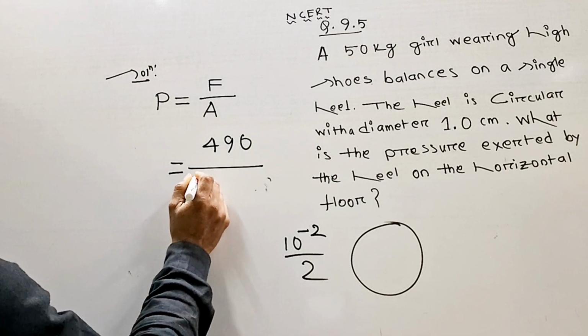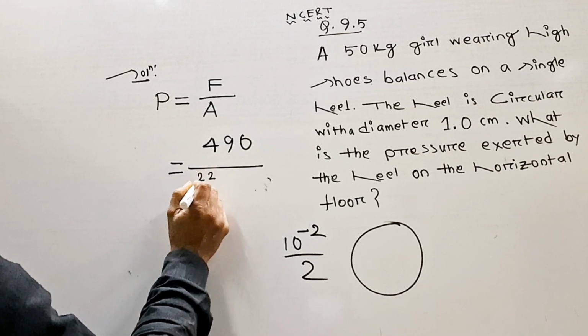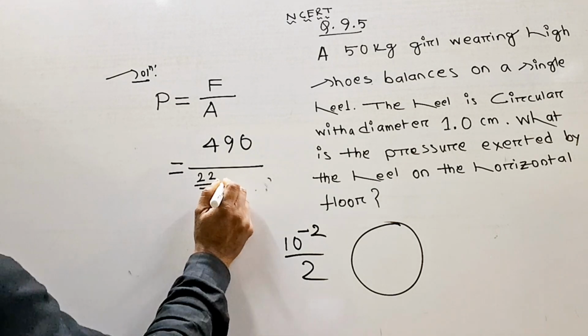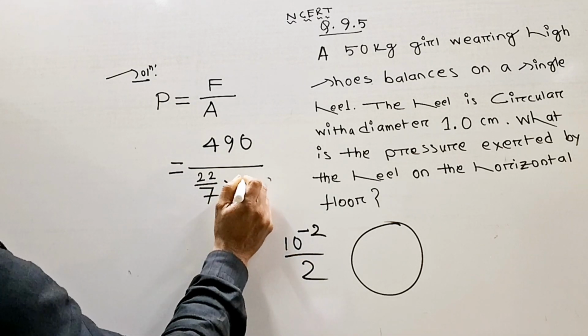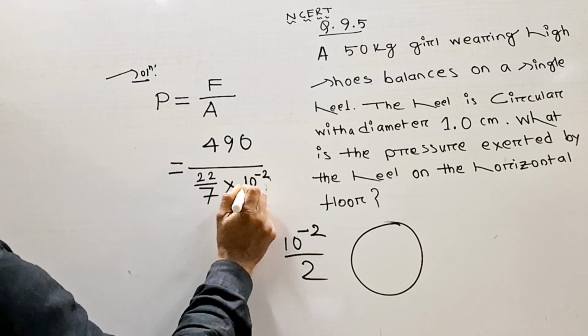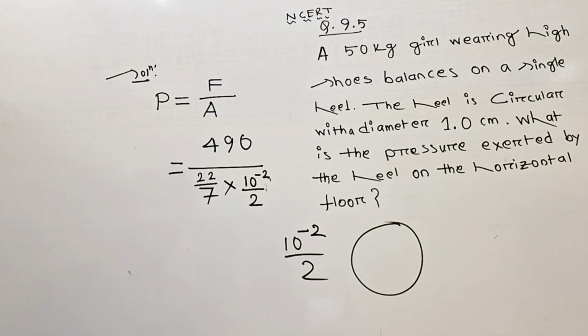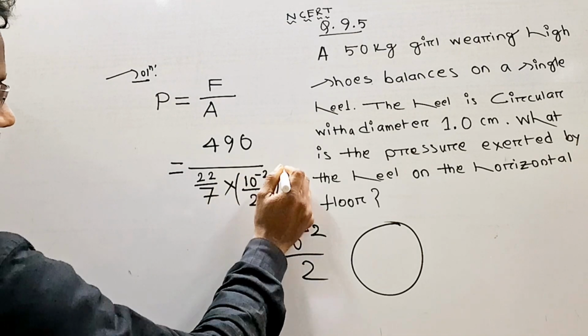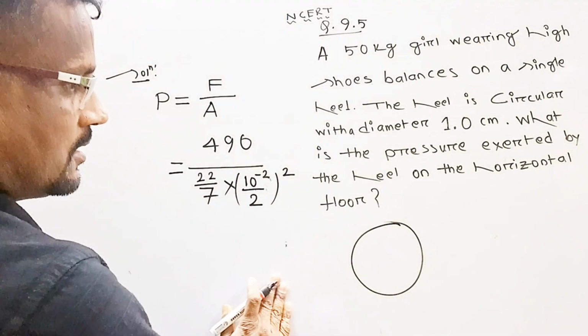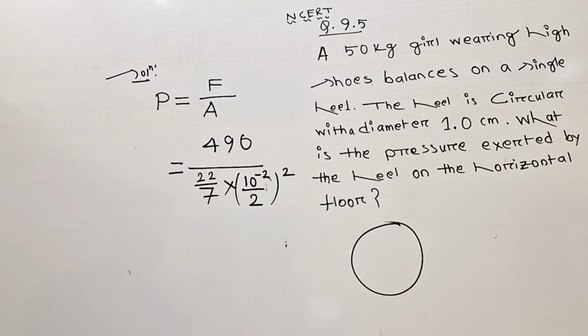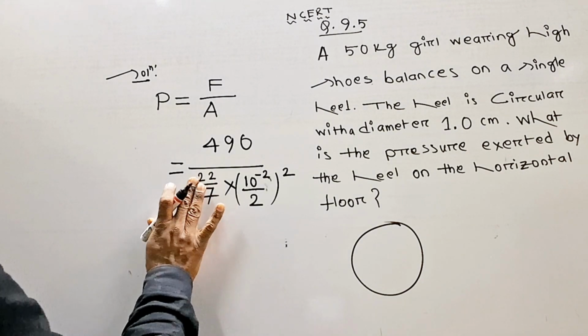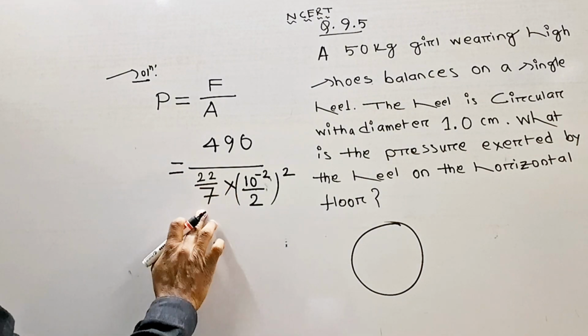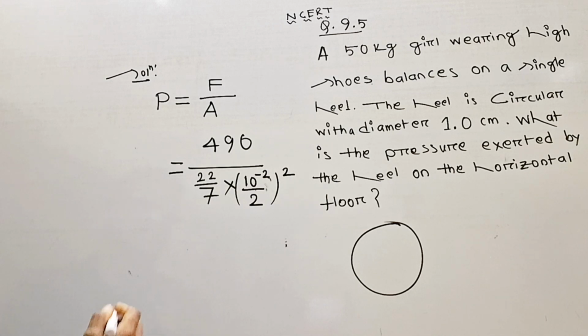Let us take pi as 22 by 7, and the whole radius is squared. Now only the calculation part is left, or you can consider pi as 22 by 7 or 3.14.